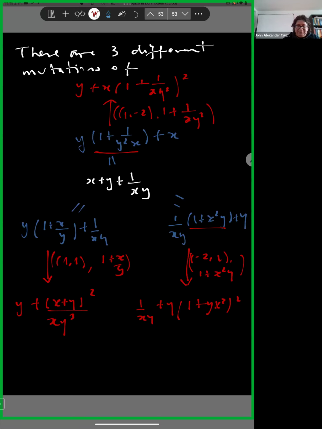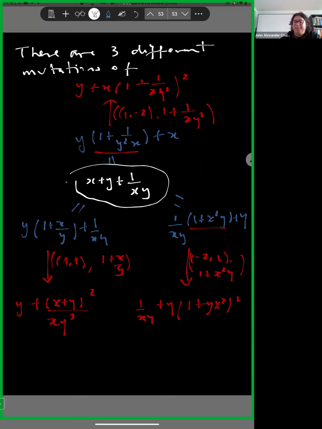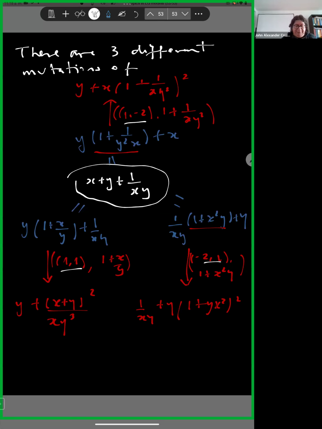So this is somehow the mutation of this polynomial here, the mirror of CP2, by using any of the previous directions I defined. But now you also emphasize what the factor f is in the definition, right? That's the thing. And so we have three equivalent results up to some monomial change of basis.